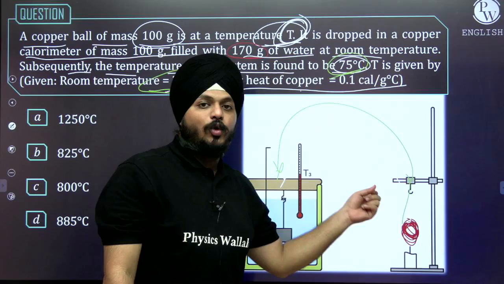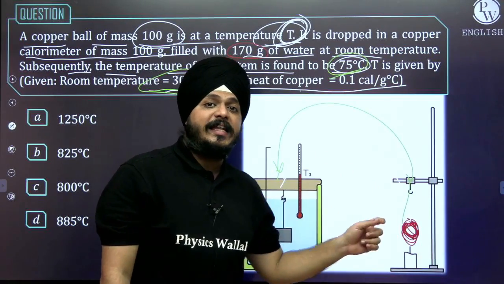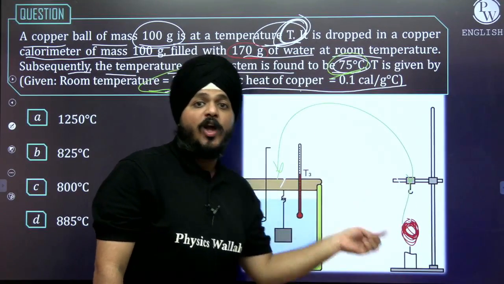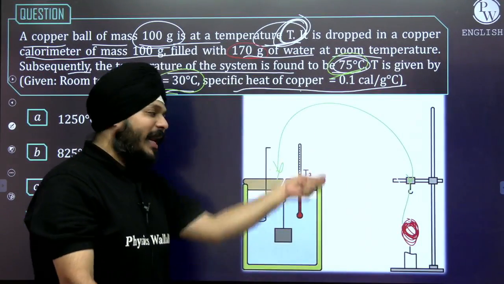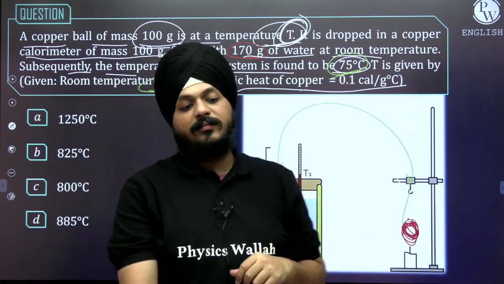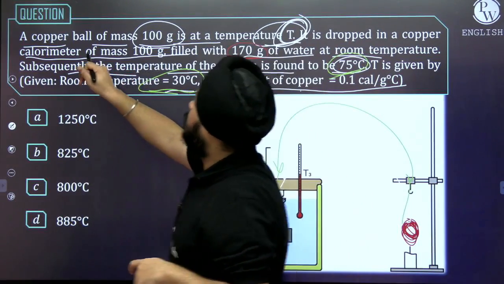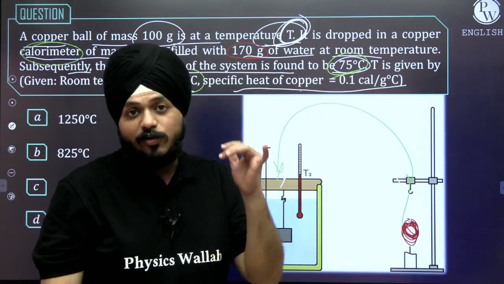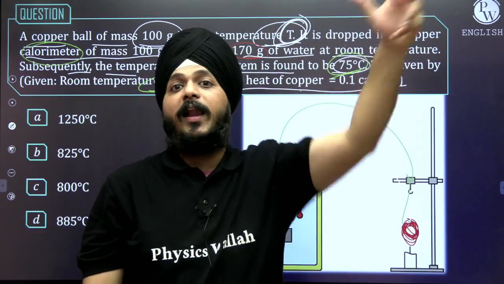So here, who is losing heat? Copper. Who is gaining heat? Water and calorimeter. It is mentioned that there is a presence of a calorimeter. The calorimeter also has its water equivalent.